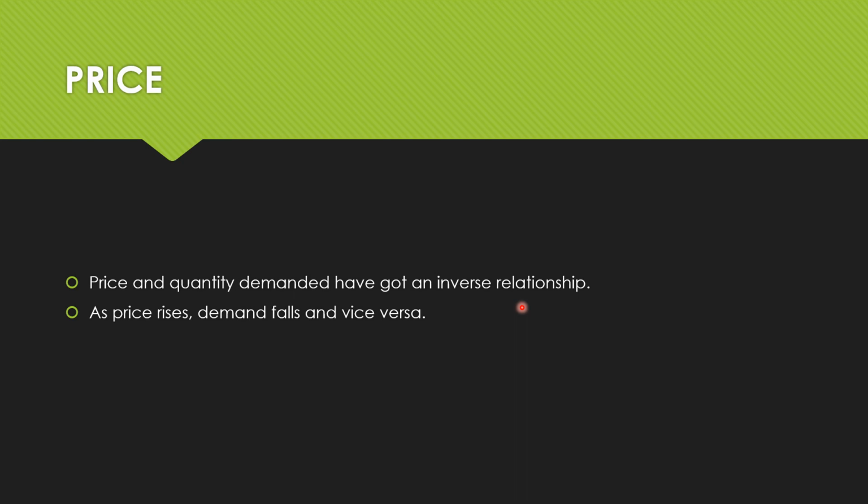So as the price fell, we saw the demand rising, and it happens vice versa. If I increase the price, demand would fall; if I decrease the price, demand would rise. That is how price has an impact on demand or quantity demanded.